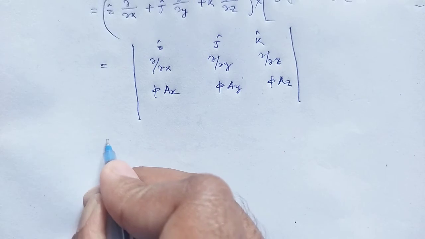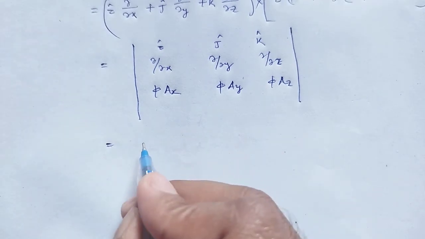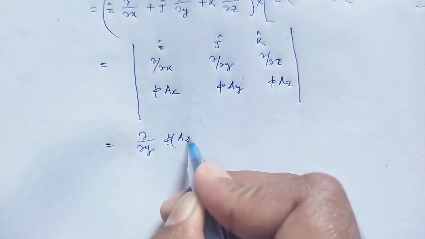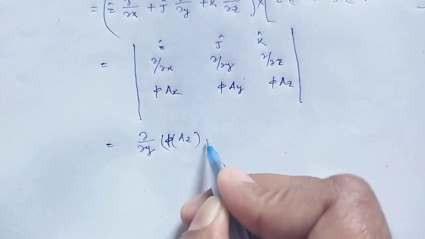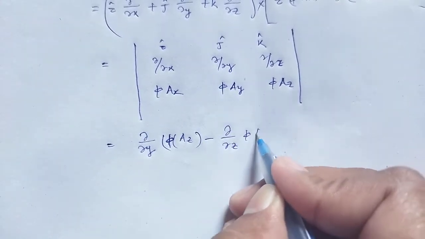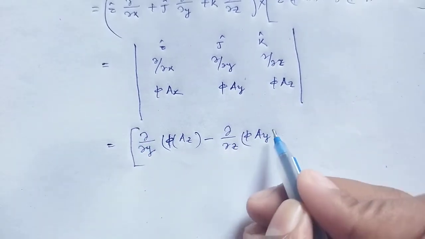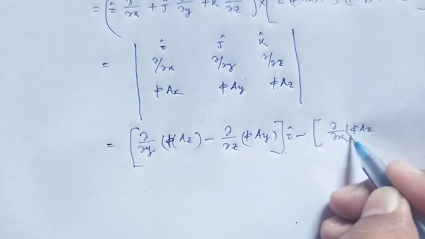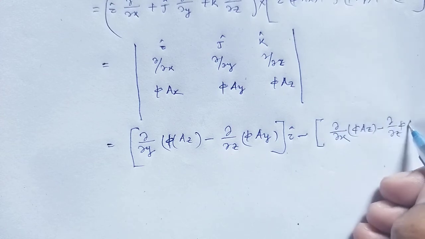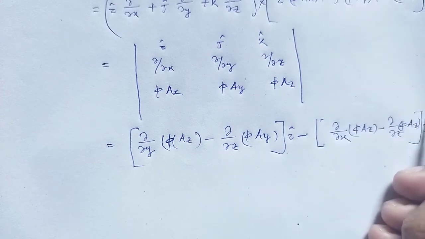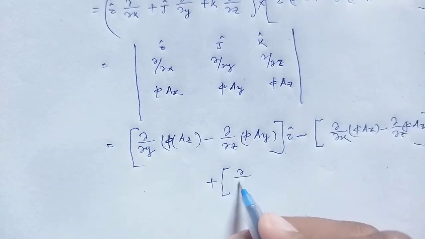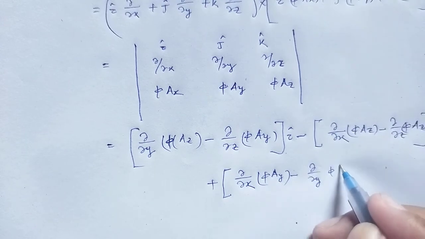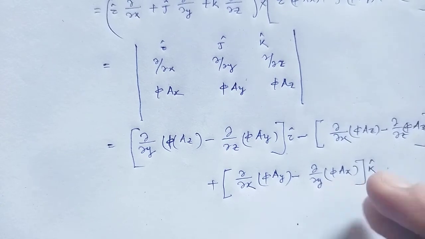That is, [del by del y of phi Az minus del by del z of phi Ay] i cap minus [del by del x of phi Az minus del by del z of phi Ax] j cap plus [del by del x of phi Ay minus del by del y of phi Ax] k cap.